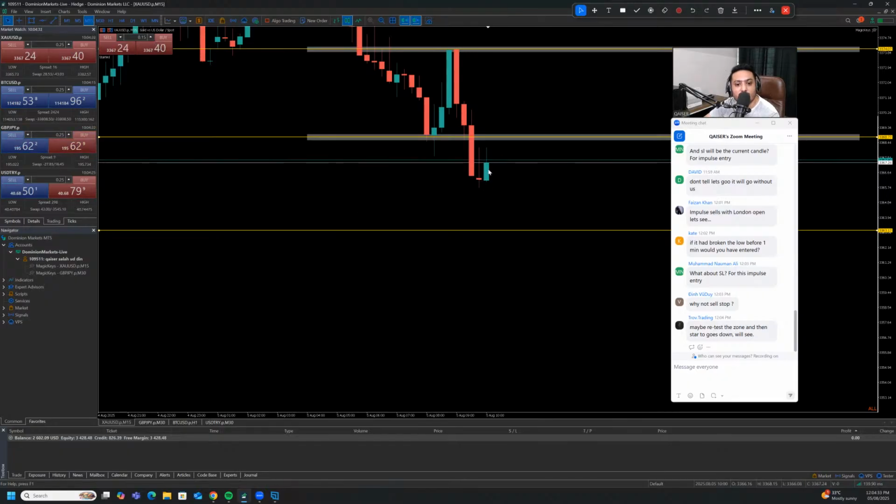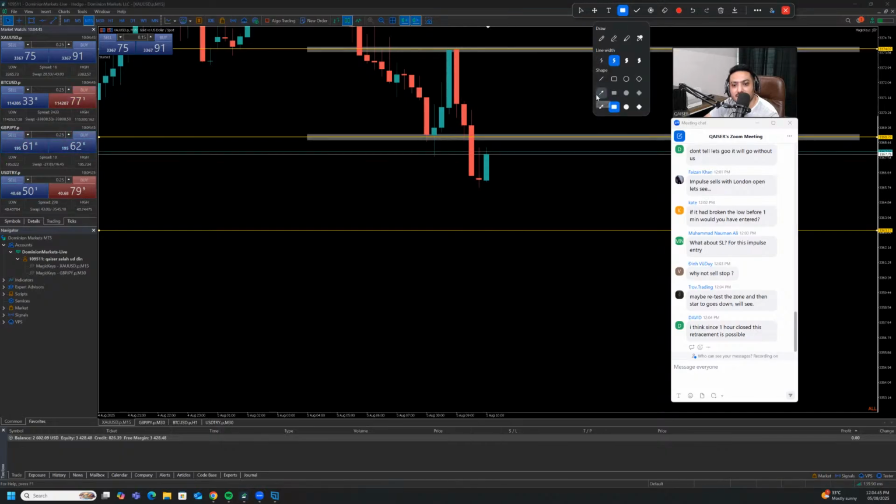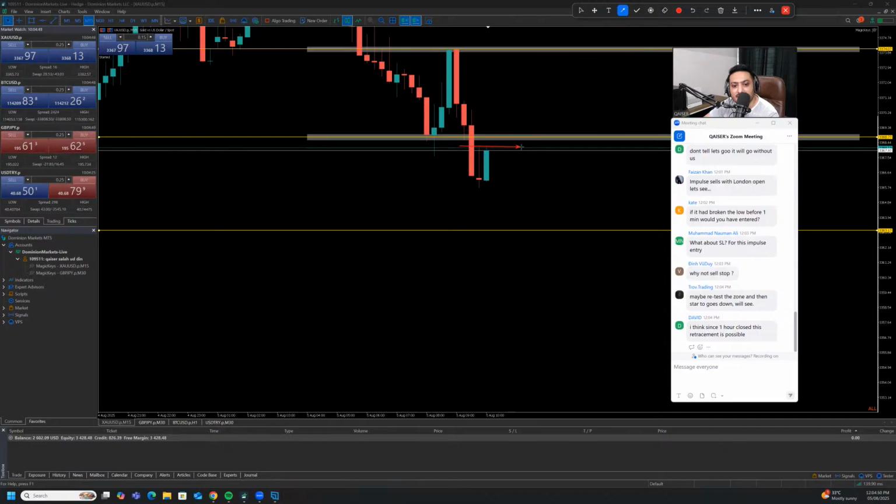You know what? There's one more thing I can do with this kind of structure. If this current candle breaks the high of the previous candle, then there is no business for this candle to break its low.